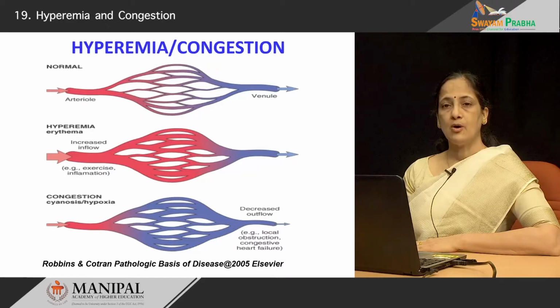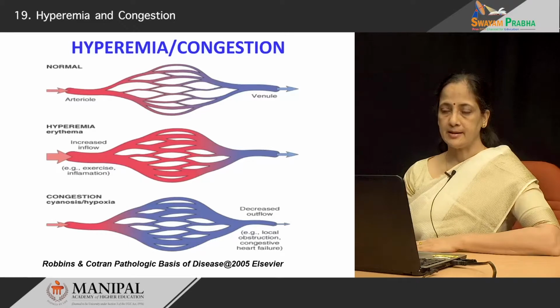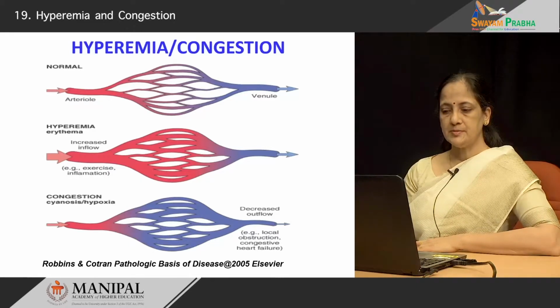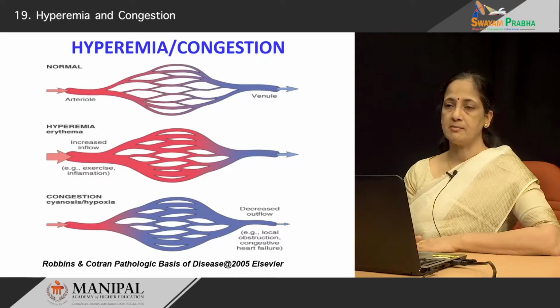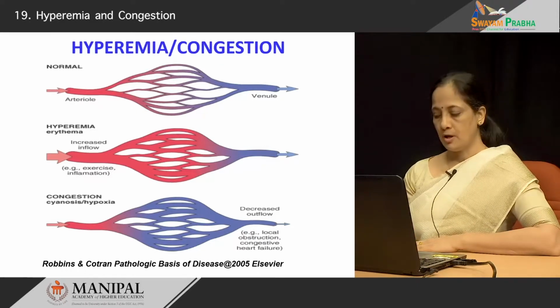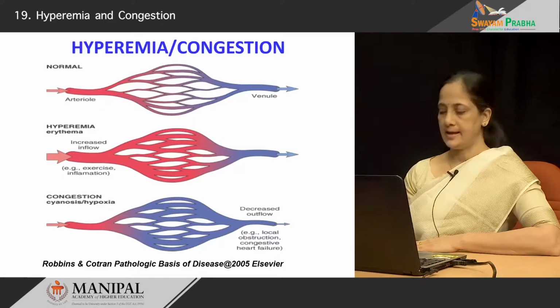This in turn will cause the area to appear reddish when examined clinically. Congestion is because of stagnation of blood in the venous side of the circulation, which means that there is going to be more deoxygenated blood, and therefore, that part is going to look bluish on clinical examination.